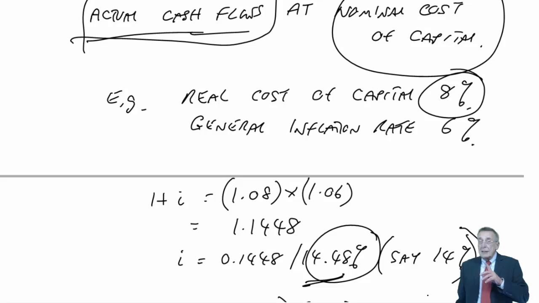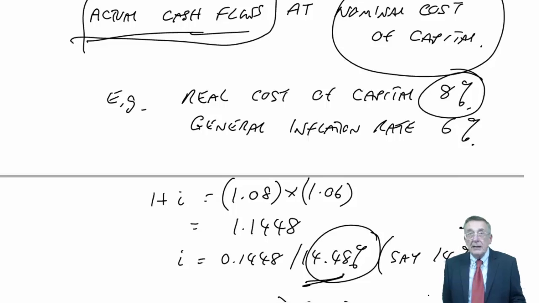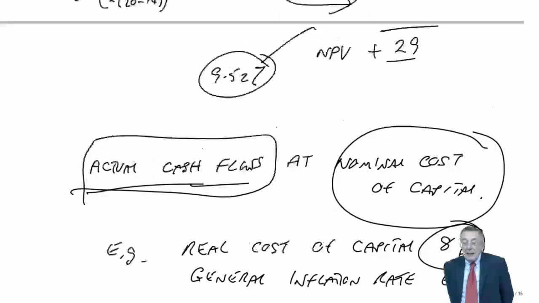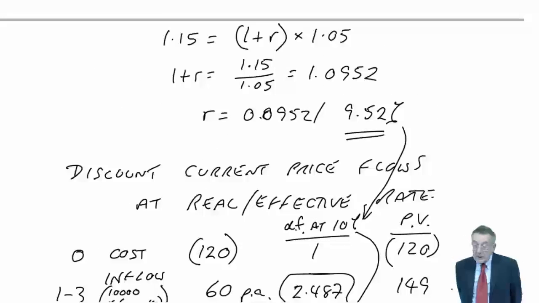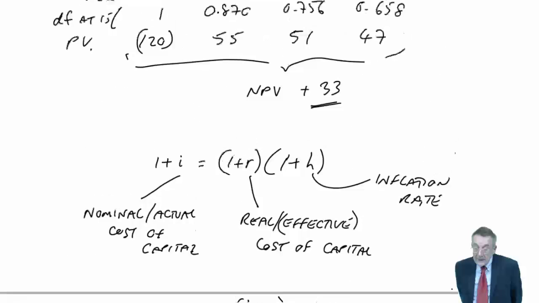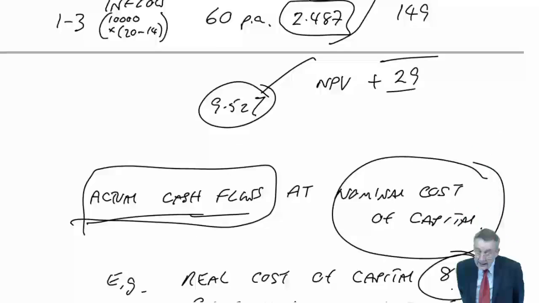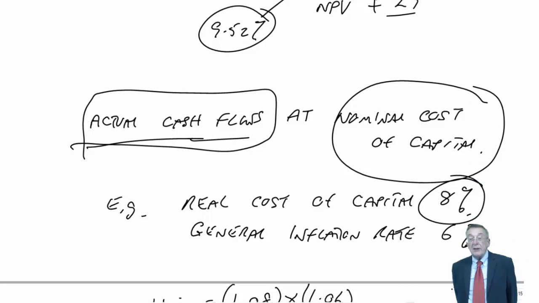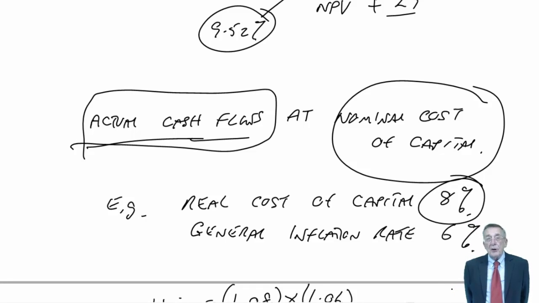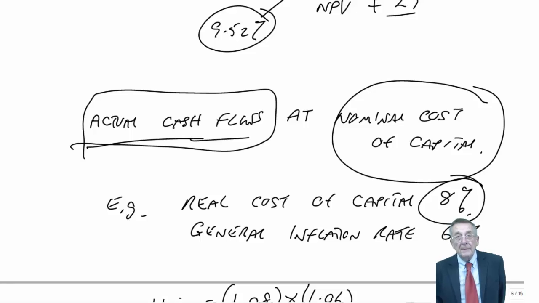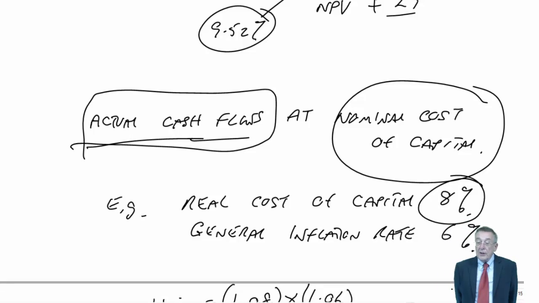But can I just stress what I said a moment ago? In virtually any exam question, you will do what we did in exercise 4. You'll discount the actual cash flows at the nominal cost of capital. So you'll go through and inflate the cash flows, and discount at the nominal cost of capital.